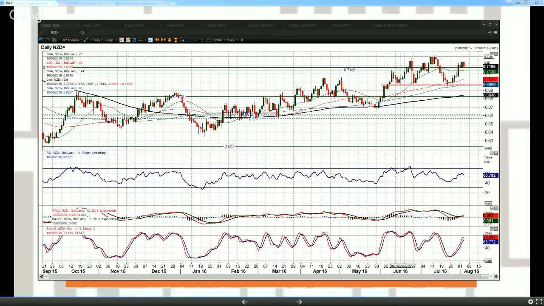Sorry, Pan, I've just seen your question. What if non-farm payrolls is not so good? Well, that would again drive further dollar weakness. The market is fairly weak against the dollar at the moment anyway, certainly near term.